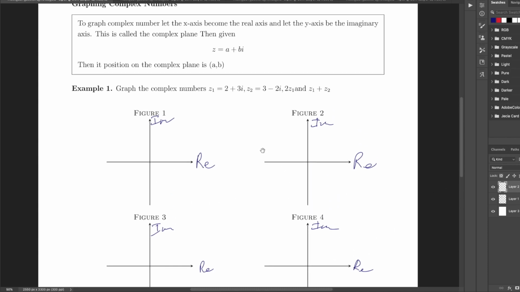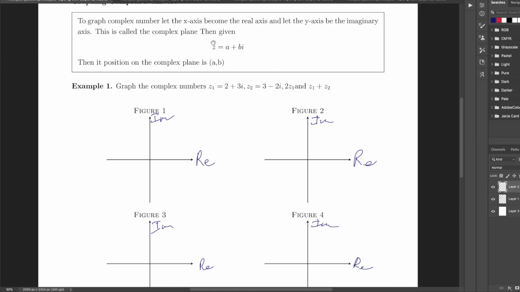If we have a z which is equal to a plus bi, this is the standard form of a complex number, and its position in the plane is (a, b). Let's take this sample z. I'm going to go over 2 units in the real direction and 3 units in the imaginary direction, and graph this point.